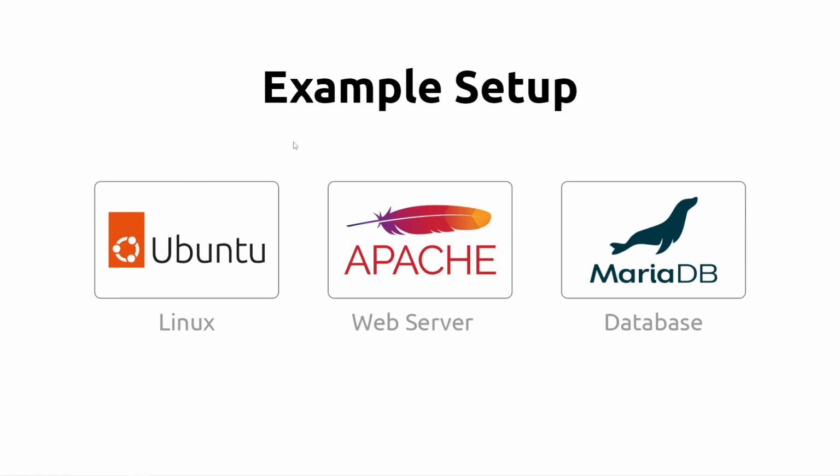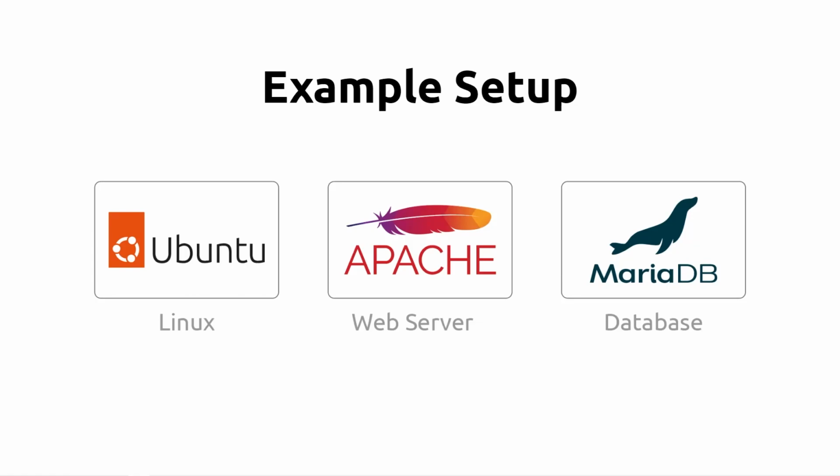Now, we ship with an example setup, and that includes Ubuntu. So for the rest of the video, I'm going to be talking about Ubuntu. It's the most popular Linux distro, and it's easy for a Windows user to be productive in it. The web server is Apache, and in this example, the database, Row64 has its own database called RamDB internally, and it's like a RAM cache, and it really accelerates the speed of everything.